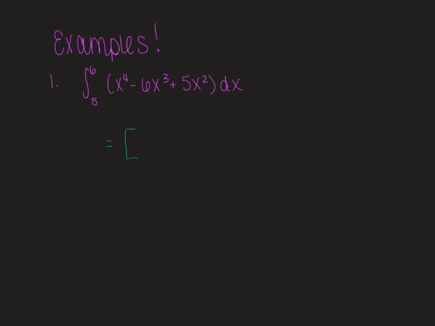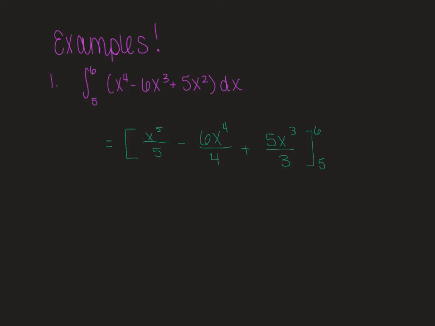Remember, to find integrals, you add 1 to the exponent and divide by that same value. So this becomes x to the 5th divided by 5 minus 6x to the 4th divided by 4 plus 5x cubed divided by 3. I've added 1 to each exponent, and I also divided by that same value. Now I am going to put my upper and lower bounds again.